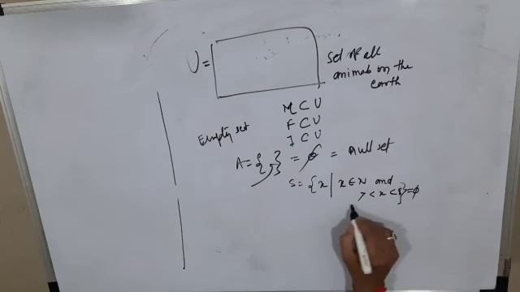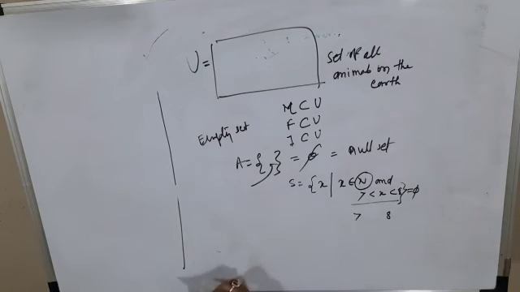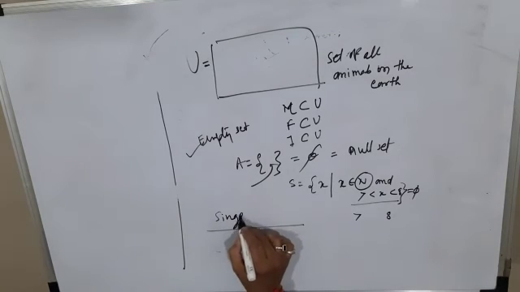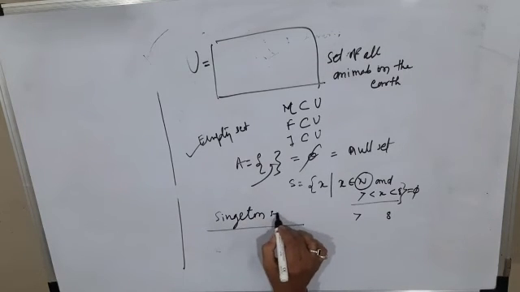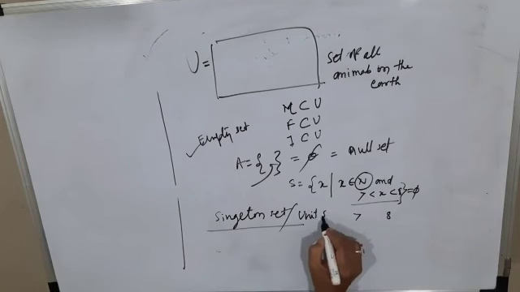Because there is no element between 7 and 8, since N is the natural numbers. Another type of set is called a singleton set, or also a unit set.